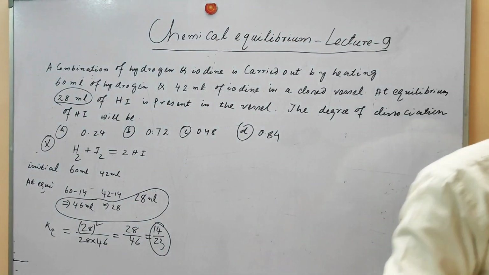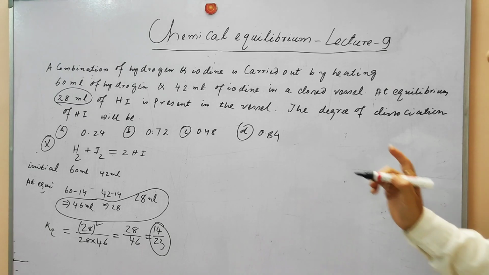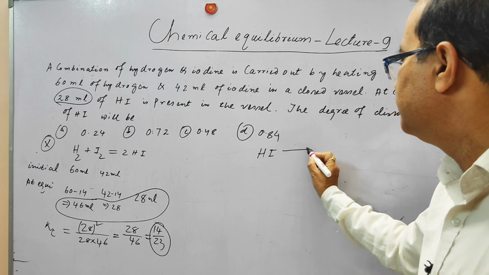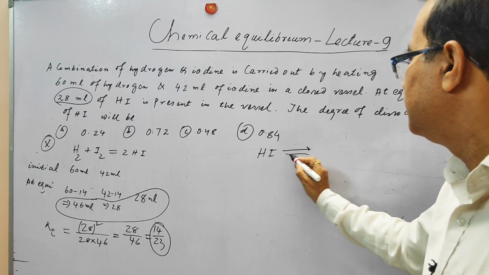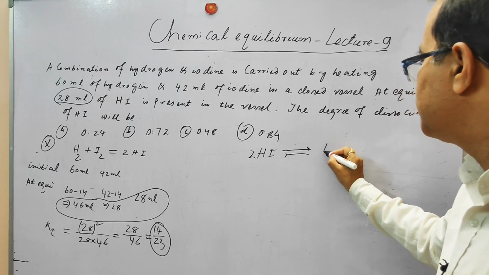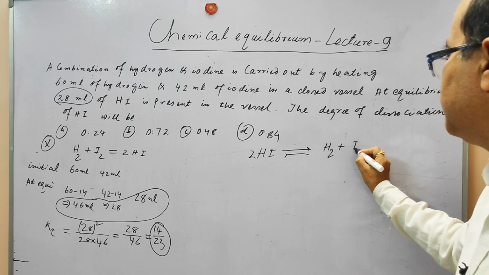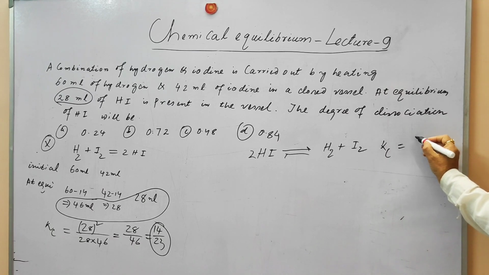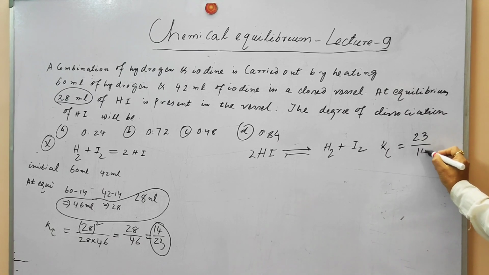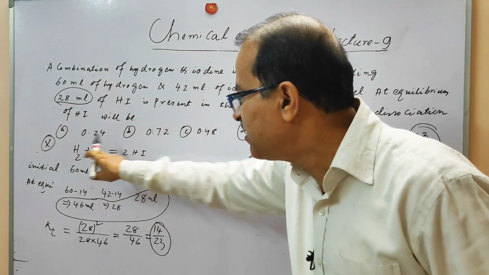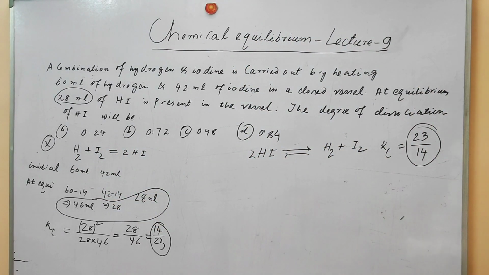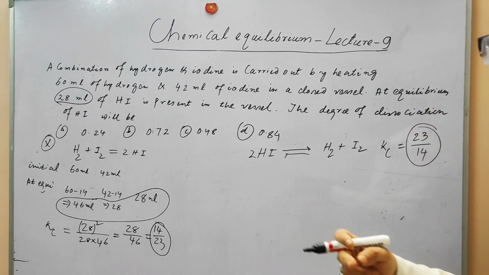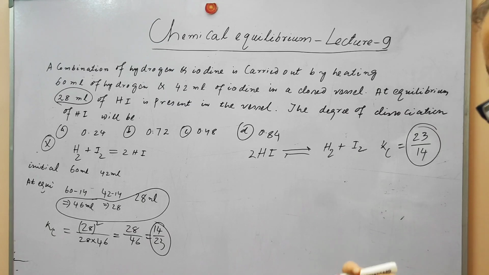Now we have to find out the degree of dissociation of HI. For that you have to consider this equation. In this case, Kc will be just the reverse of this, because this is the forward reaction and this is the backward reaction. For the reverse reaction the equilibrium constant will be the inverse of the equilibrium constant of the forward reaction.